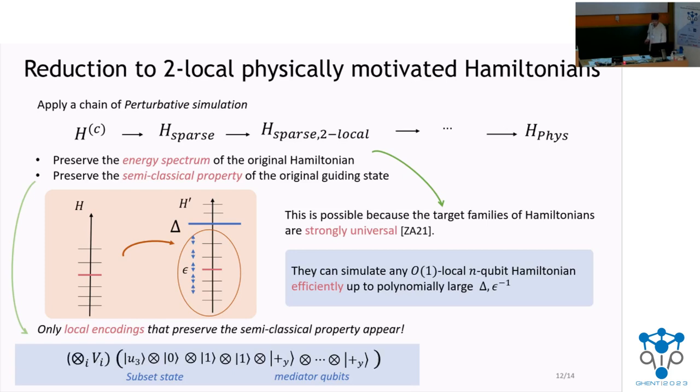And then finally, we apply some local encodings that are given by a tensor product of local isometries. Therefore, the resulting state is a semi-classical encoded state. So we can efficiently obtain the description of physically motivated Hamiltonians, and also the description of the semi-classical encoded state. So this is how we obtain the BQP hardness results of two-local physically motivated Hamiltonians.